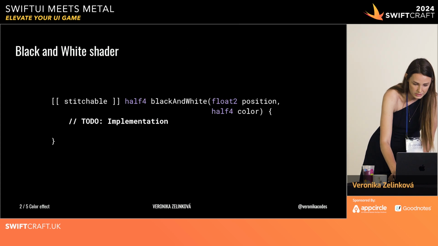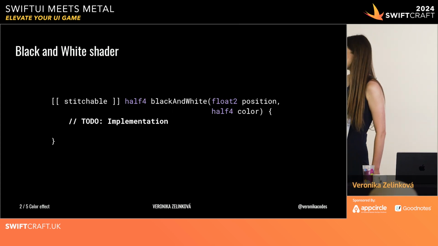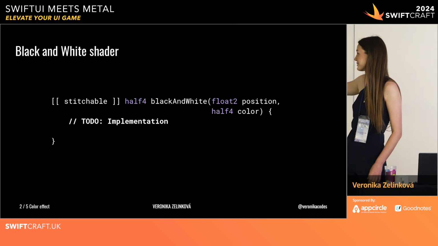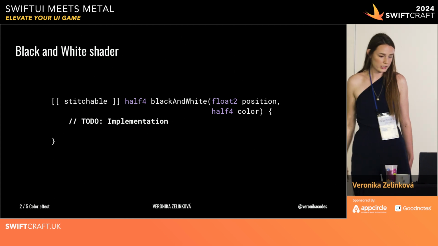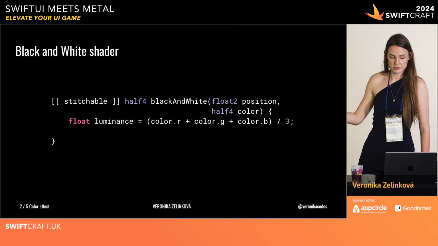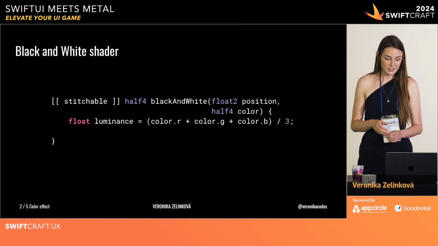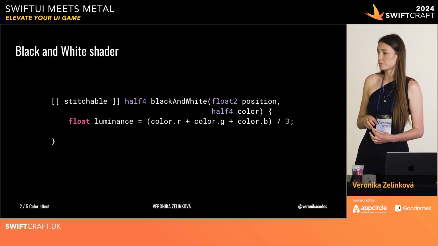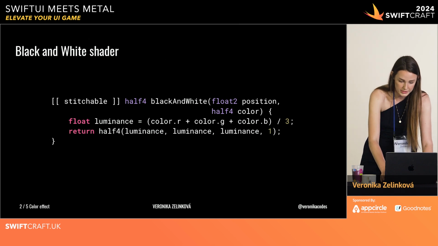With this knowledge, we can define our black and white shader, where we again have to specify the position and the color, which goes in and returns a new color for the current pixel. We can just calculate the luminance, basically the shade of gray, by averaging the red, green, and blue values of this color, and then just returning them as a new color.